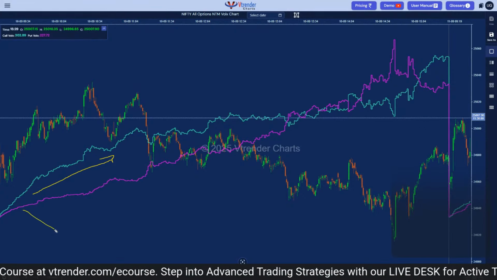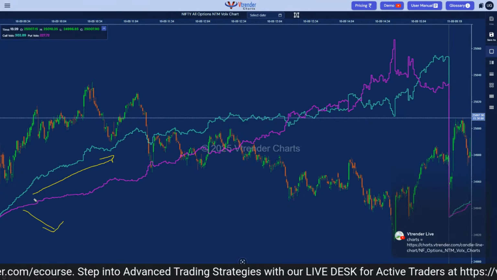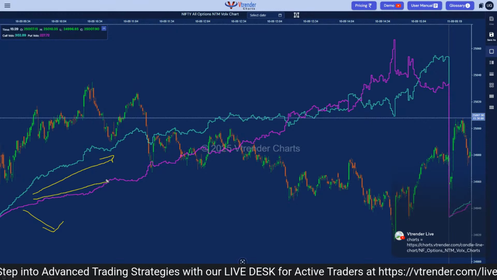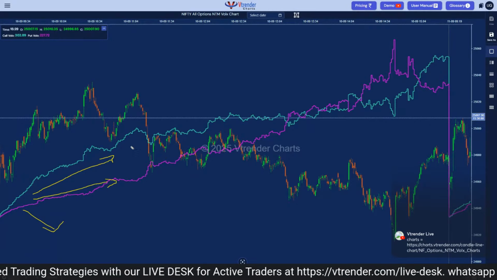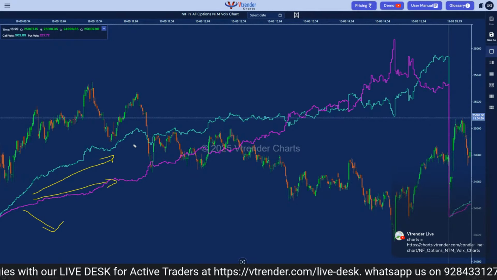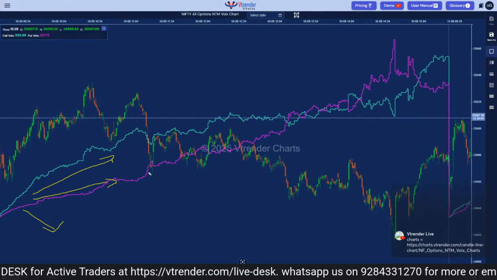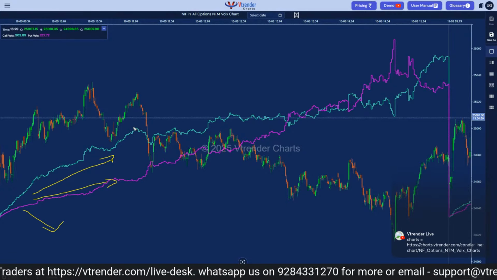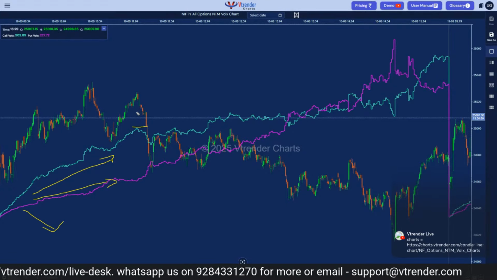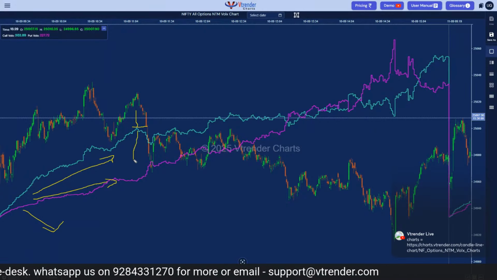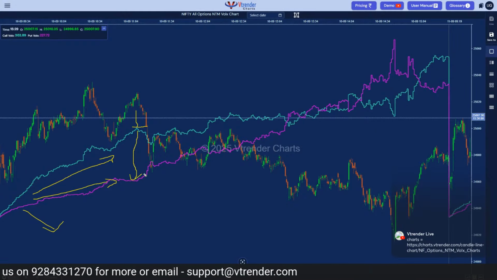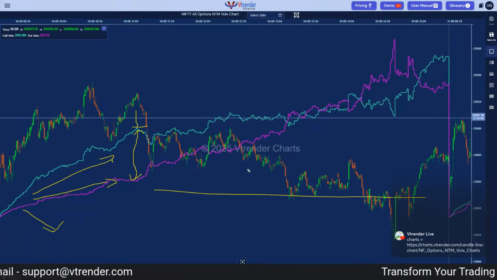Although the put was not dropping, there was small distance building between the both, and the call always remained above the put for the first hour or hour and a half. So this is the peak which we made, where the distance between these two lines was the highest for the day. Nowhere for the rest of the day you can see this kind of a distance between the lines.